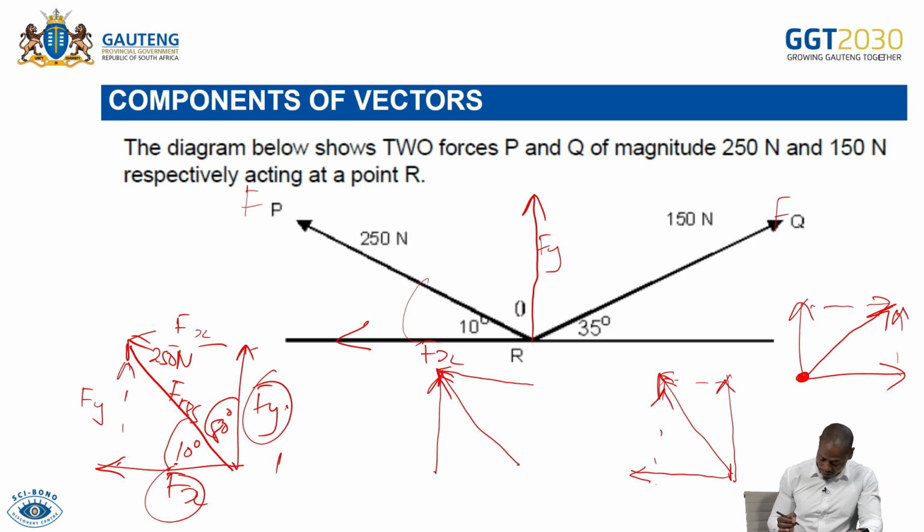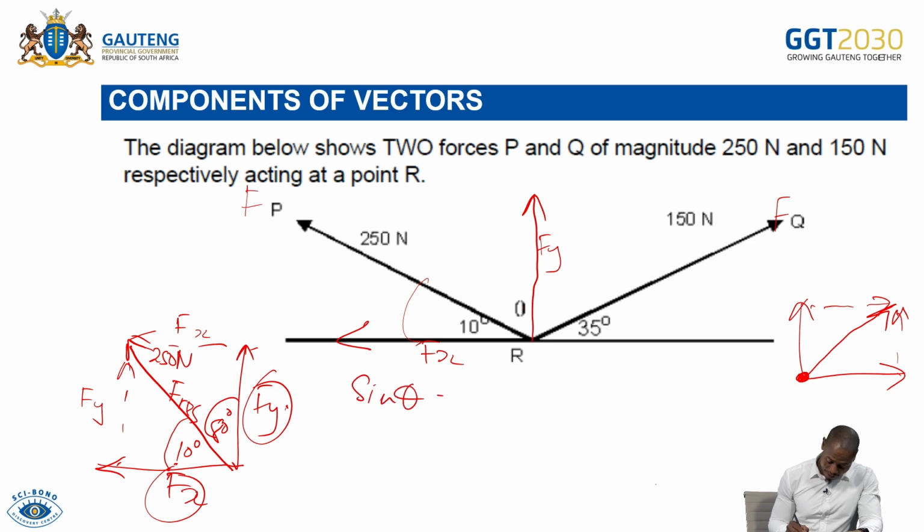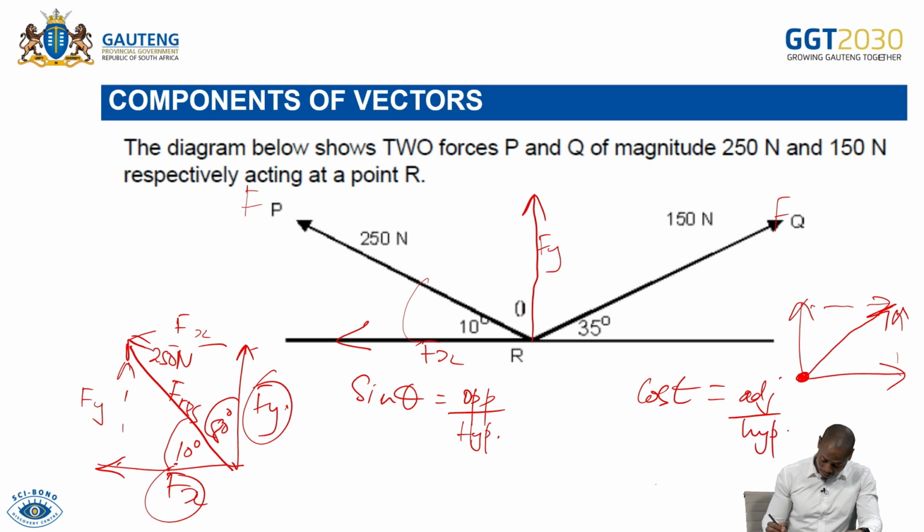Okay, let me just do this so that we understand where it is coming from. Sine theta, we are aware that sine theta is the opposite side over the hypotenuse side. I hope I'm correct. Then cos theta is the adjacent side over the hypotenuse side.